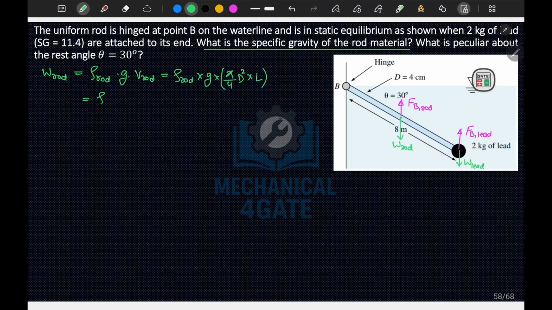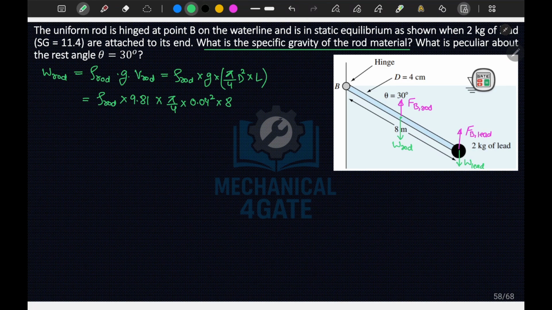Is equal to density of rod times g into pi by 4 times d square, d is 4 centimeters so 0.04 meter square, into L is equal to 8.